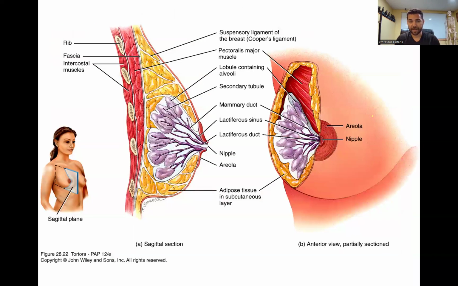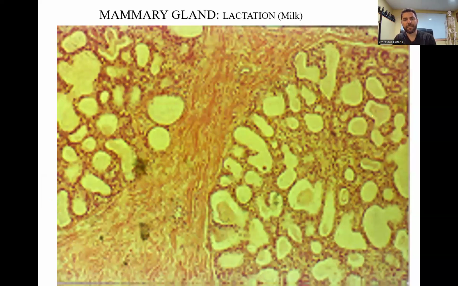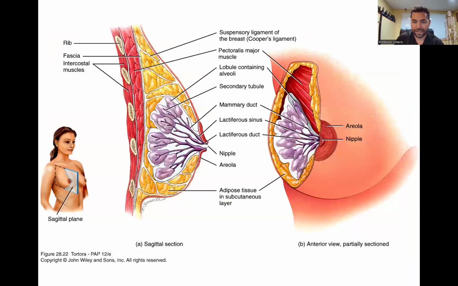And I think we have one slide on the mammary gland, right? We'll talk a little bit about pregnancy and lactation. You have these alveoli, these little milk-producing structures, that will fill up and get bigger, and obviously during breastfeeding and lactation, release milk.